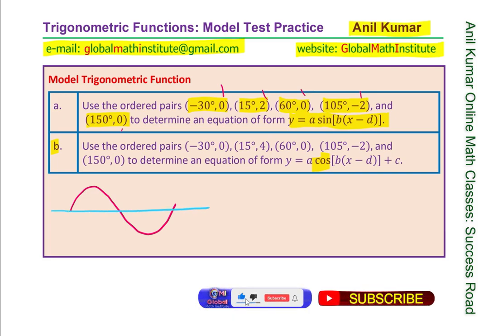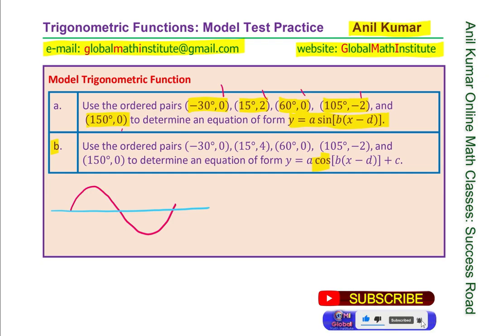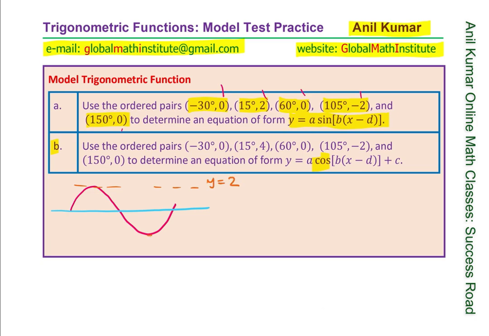That is how it is. And we also notice that the maximum value is 2, and the minimum value is minus 2. The axis, of course, is at 0, and therefore there is no vertical translation upwards. The axis is at 0.